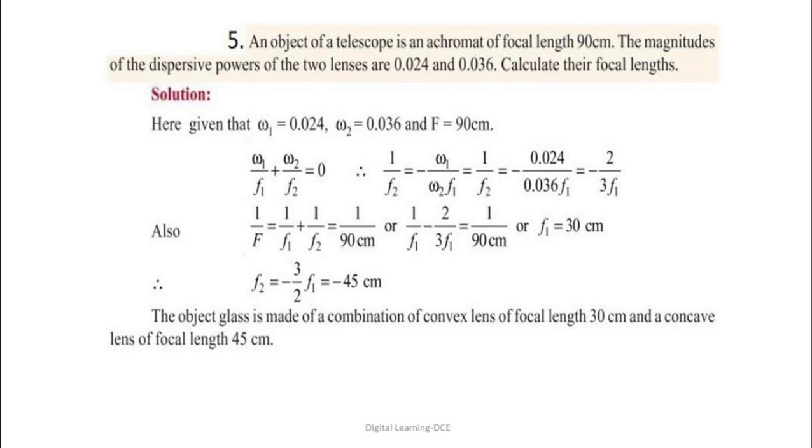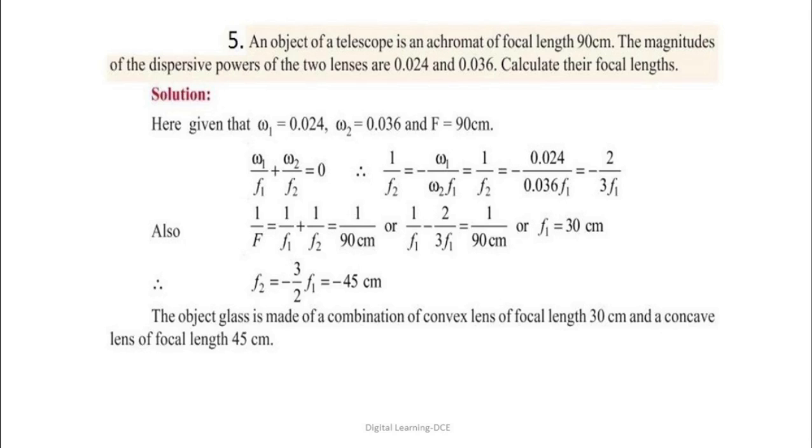Also, 1/f is equal to 1/f1 + 1/f2, which is equal to 1/90 centimeter, or 1/f1 - 2/(3 f1) is equal to 1/90 centimeter, or f1 is equal to 30 centimeter.